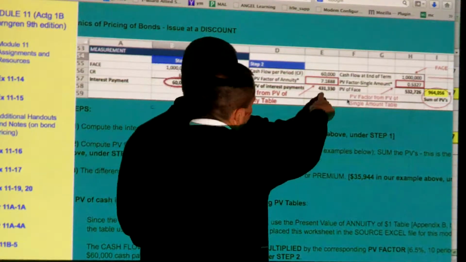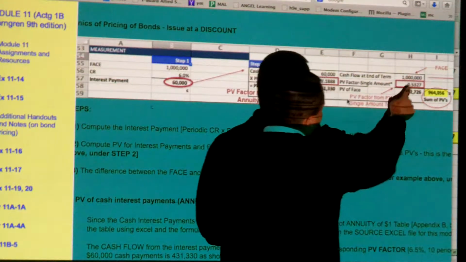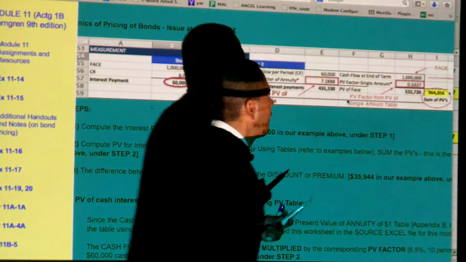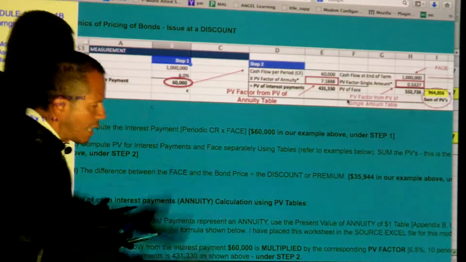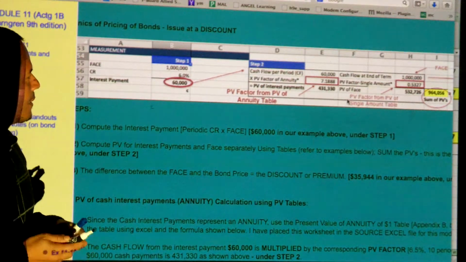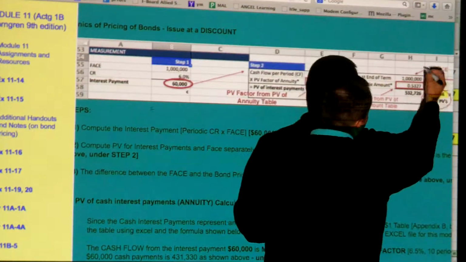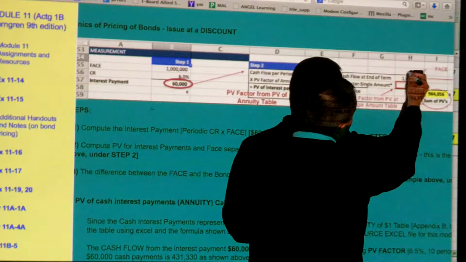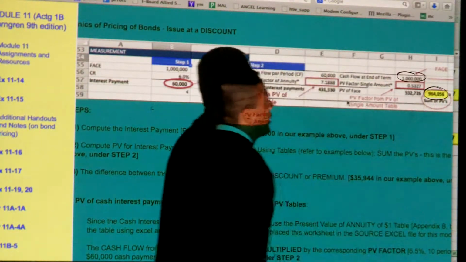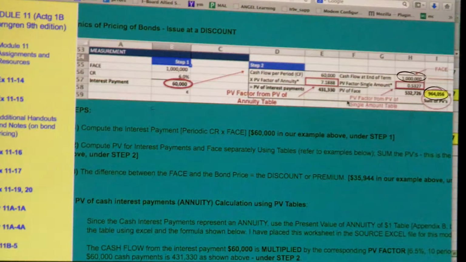Together, the $431,330 from the interest payments' present value and the present value of the face give you a total present value for the cash flows from that bond of $964,056. Notice that the difference between the face of $1 million and the amount determined by the present value calculation becomes a discount.